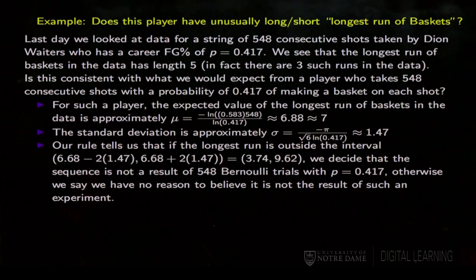Instead, we say we don't have sufficient evidence to conclude that the sequence was not randomly generated or was not a result of 548 Bernoulli trials with the probability of success equal to 0.417. In other words, we don't have sufficient evidence to say that this is a streaky player or that this is a result of streaky play.